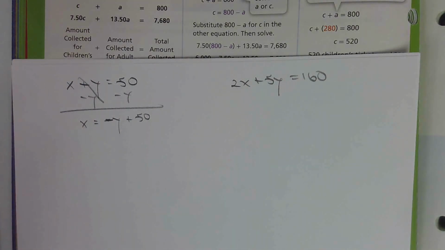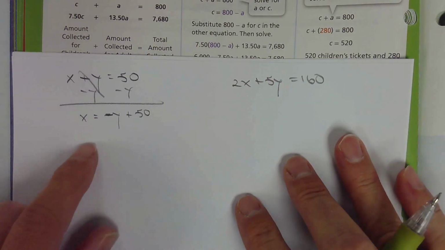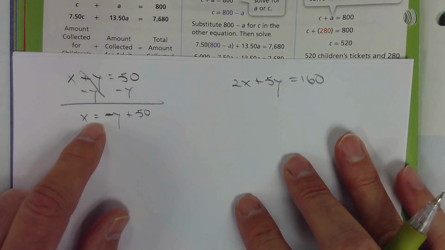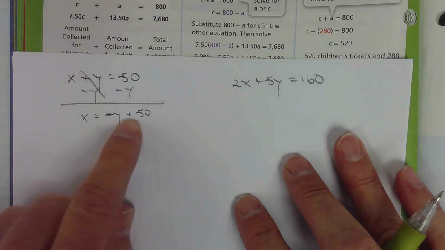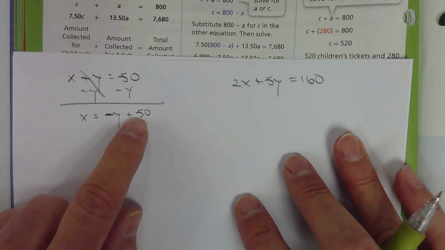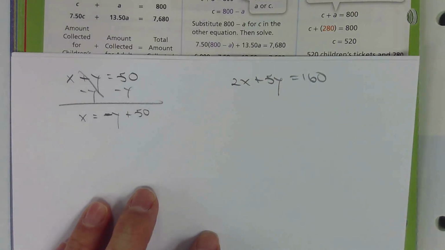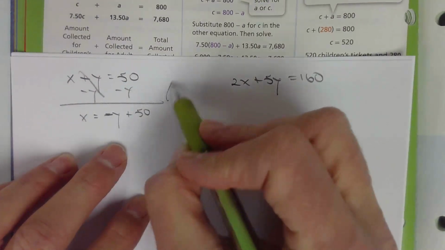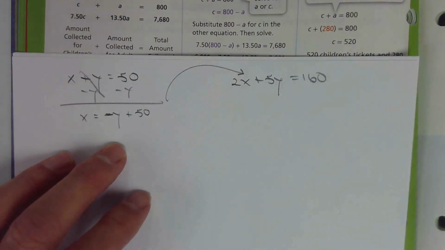All right, so now I know what x is. At least I've solved for x as far as I can with this equation, x equals a negative y plus 50. Now I'm going to take this and plug it into the other equation.